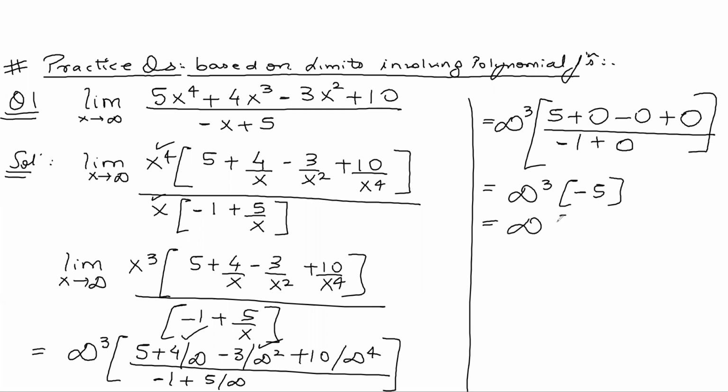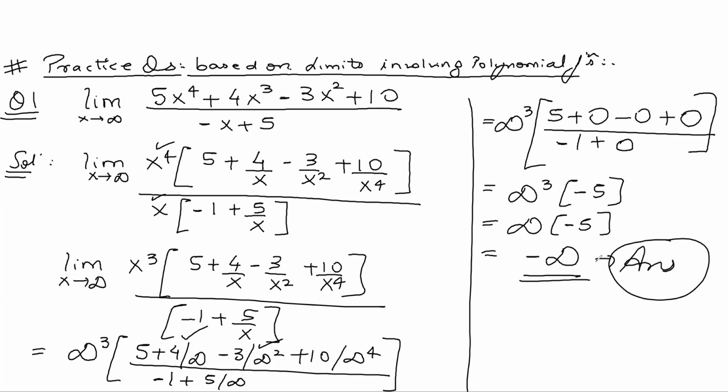Infinity cube is infinity, into minus 5, which is equal to minus infinity. My final answer. What have I used? We have just used the rules of infinity, which I have taught you today in the lecture. Now, if you are clear with those rules, you can solve all type of questions based on this type.